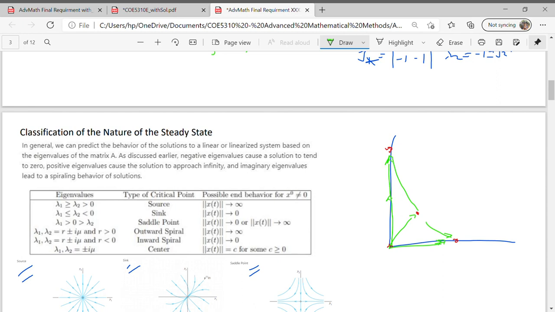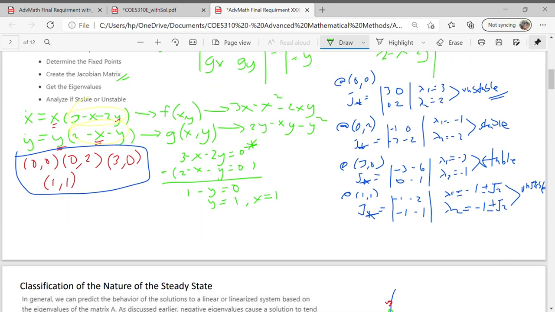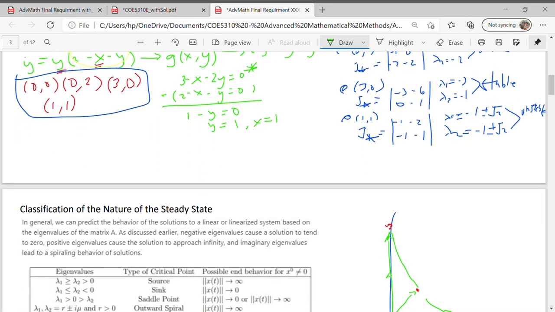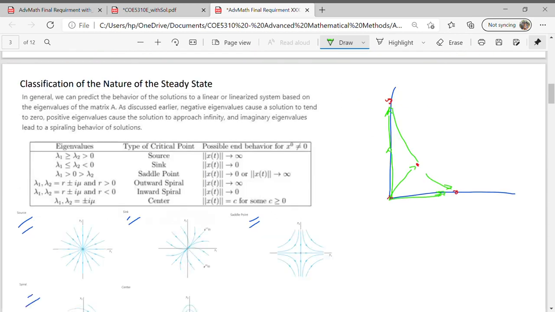Then lastly, for the fixed point 1, 1, we have eigenvalues of positive and negative. Since we have different signs of eigenvalues, we call it a saddle point, wherein some arrows are coming in and some arrows are coming out.